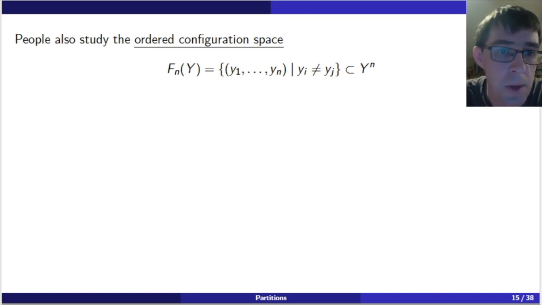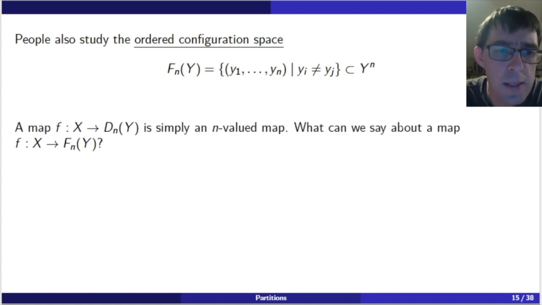There are n of them. All right, this is called the ordered configuration space. And I said before, a map from x into Dn of y, that is just an n-valued map. What if you had a map from x into Fn of y? This would be something like an n-valued map, but you always pay attention to the order in which the y values appear in those sets of n points each.